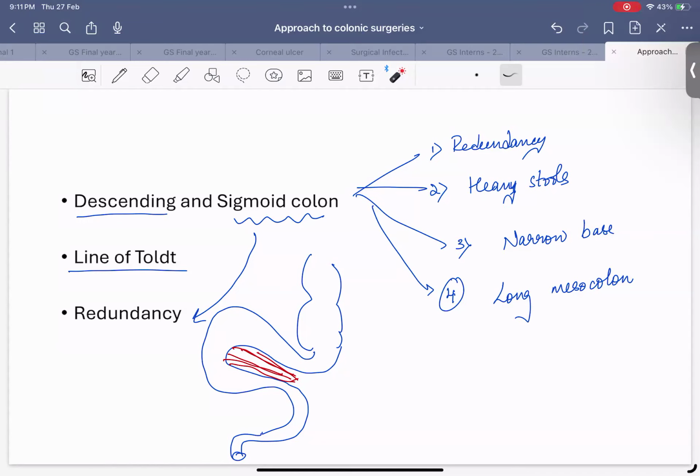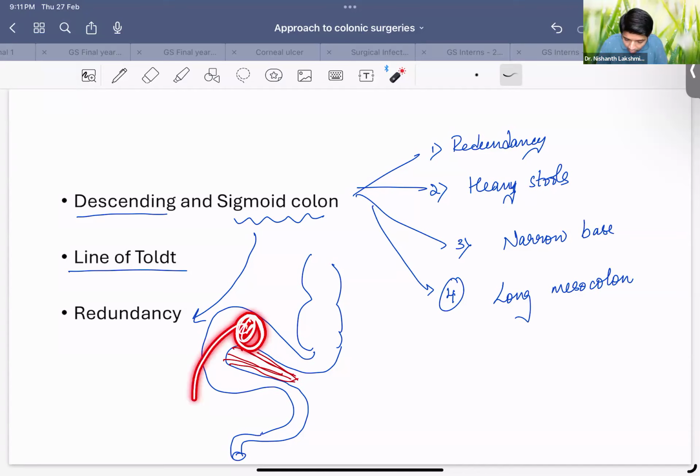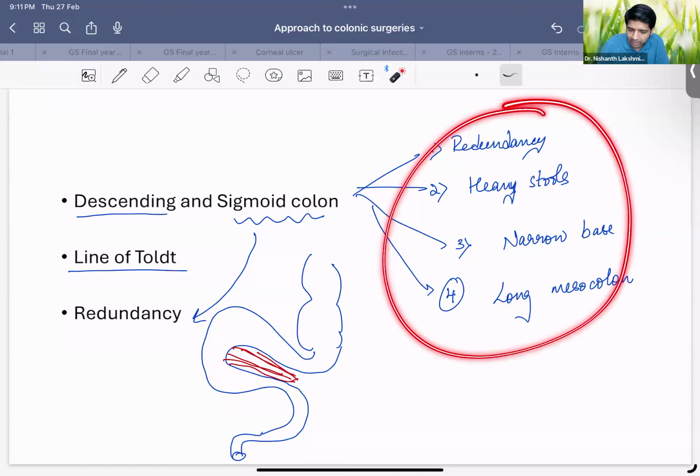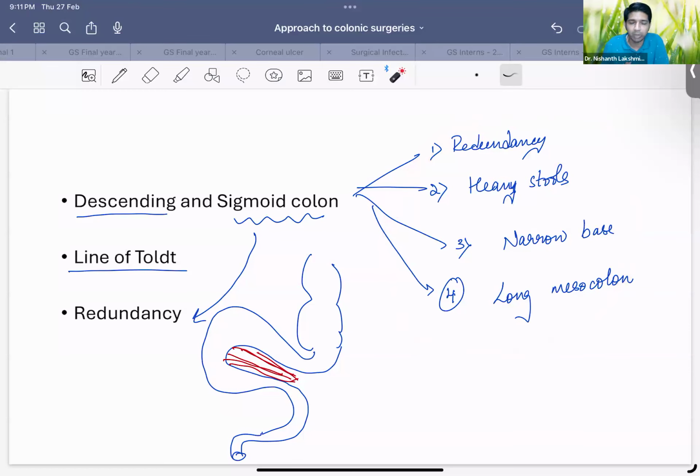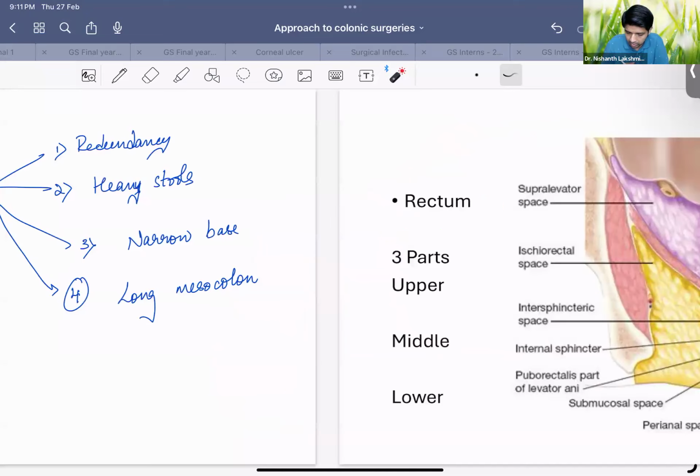They'll topple. So imagine you're having a heavy bowel movement here, and a large quantity of solid feces, which is very heavy. Now, this weight itself can cause the sigmoid to rotate. If the majority of the stools is on one limb of the sigmoid and not in the other limb, it can rotate. So these are the 4 reasons why a patient can be predisposed to developing sigmoid volvulus.